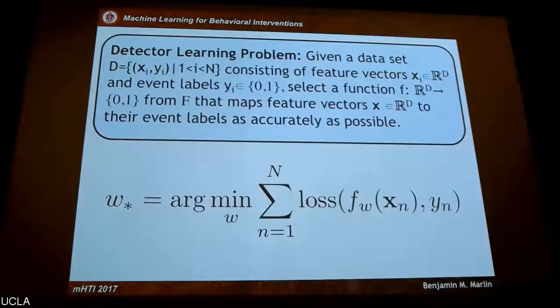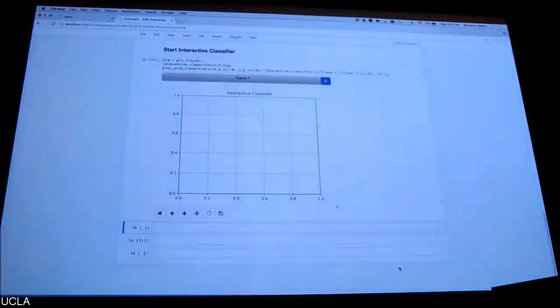Okay? So let me show you an example of what this looks like with a couple of different kinds of functions. PowerPoint's always hesitant to show the demos, so I'm going to show you a live demo of what this looks like.